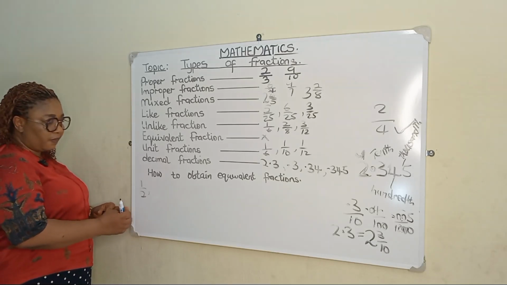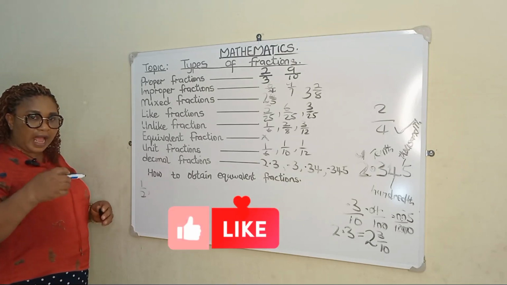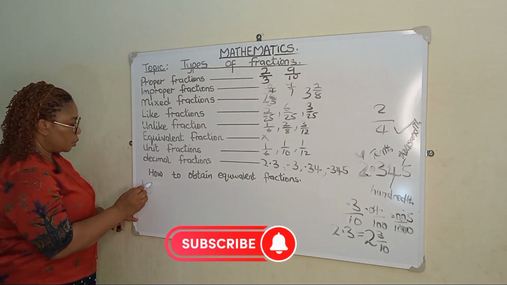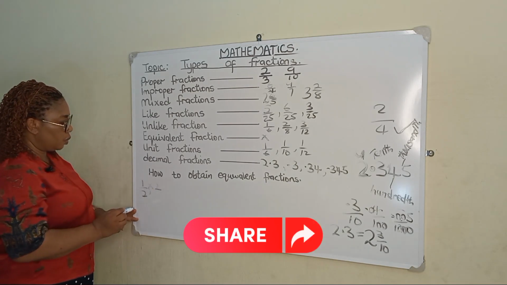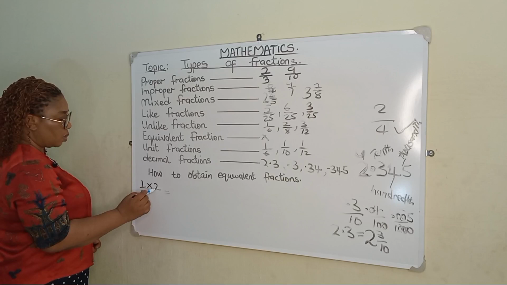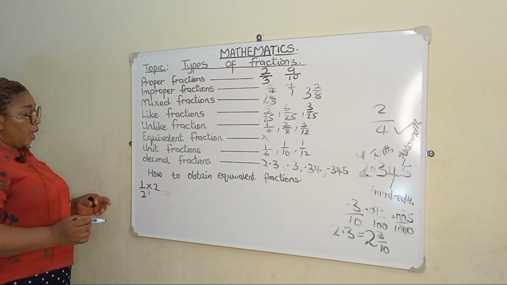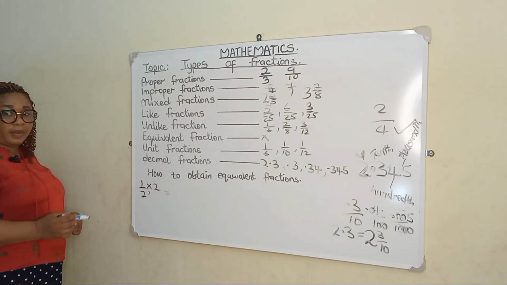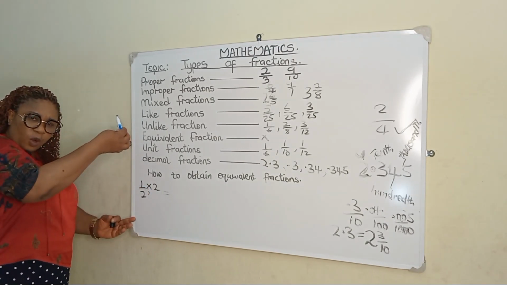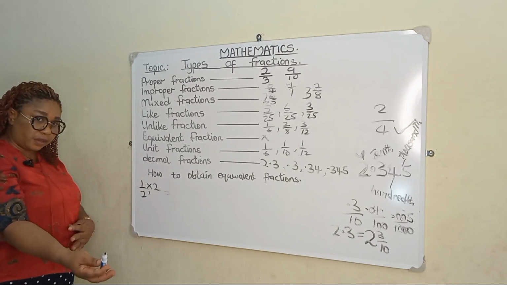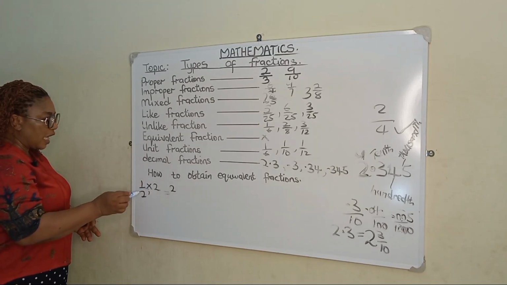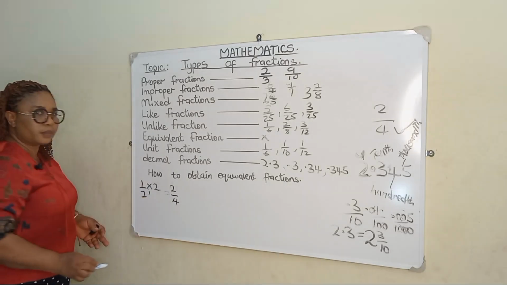I pick a fraction, I pick a number. Let me say I pick 2 times 2. That number I pick, I multiply it with the numerator and the denominator to get another fraction. 2 times 1, 2. 2 times 2, I got 4.